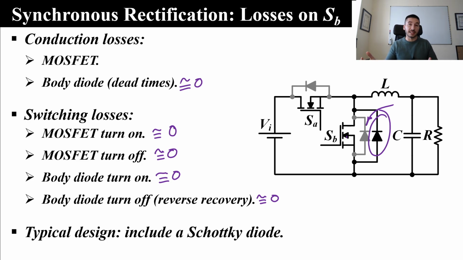Basically with that Schottky diode, instead of activating the body diode, we activate the Schottky diode. And in this way, the turn-on process of MOSFET SA involves the Schottky diode, not the body diode of MOSFET SV.